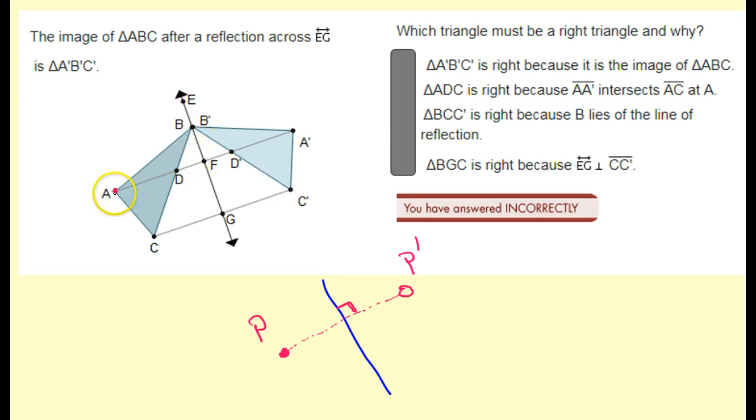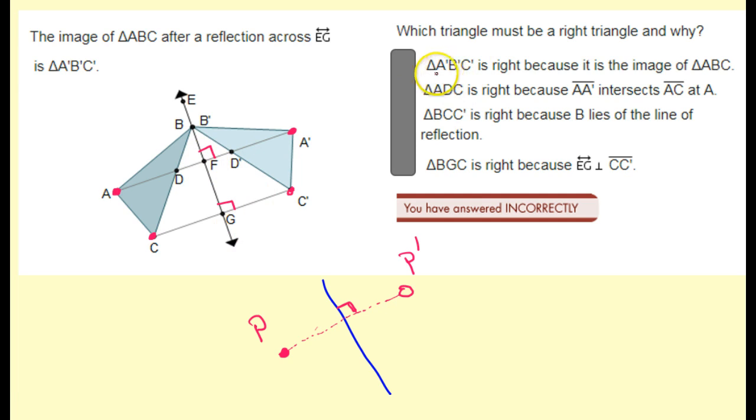So see how we have the point A and A prime. Okay, so this segment connecting them is going to be perpendicular, just like I showed you down here. See how I have C and C prime? Again, the segment connecting them is going to be perpendicular to the reflecting line. Okay, so that's probably going to answer the question.